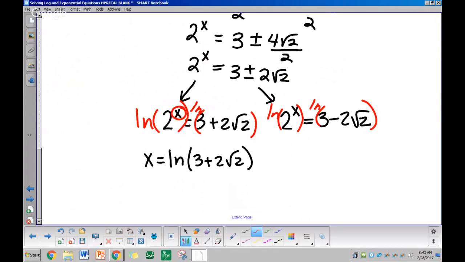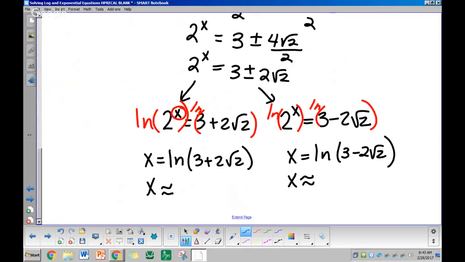This is going to be what? x equals the natural log of 3 minus 2 root 2. And somebody on the calculator? I got 3 here.